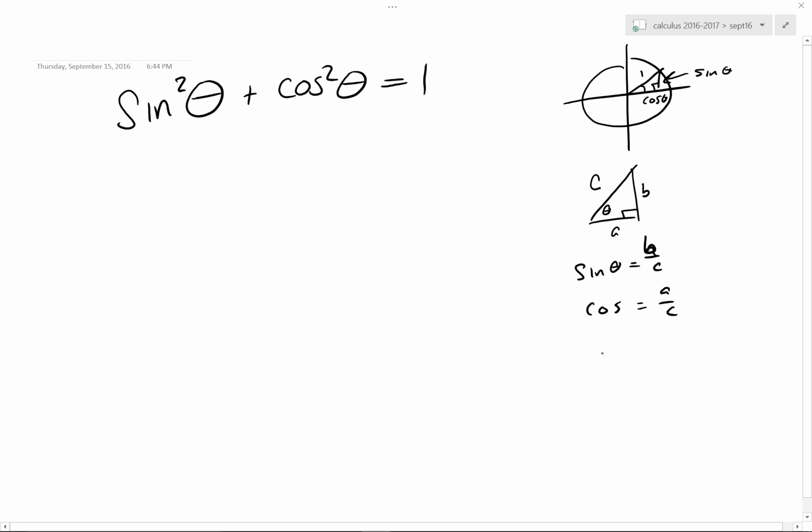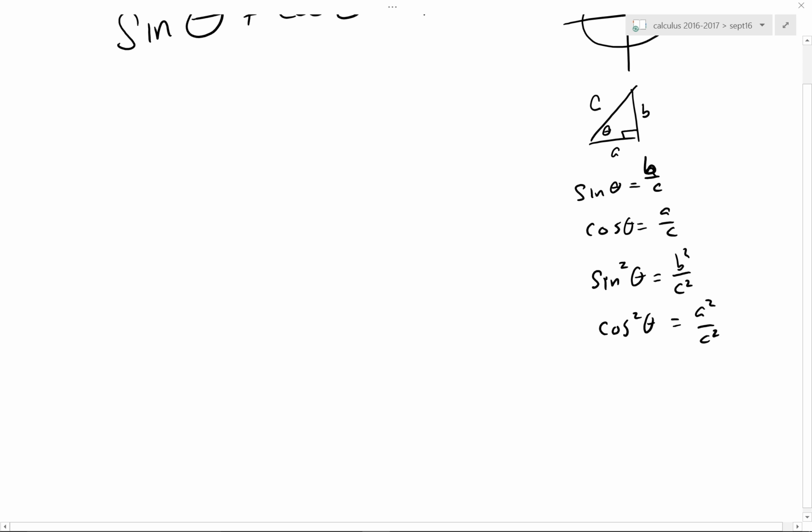So if we have sine squared of theta, of course it's going to be b squared over c squared, am I right? True. And the cosine squared of theta is going to be a squared over c squared. Well, think about this for a minute.